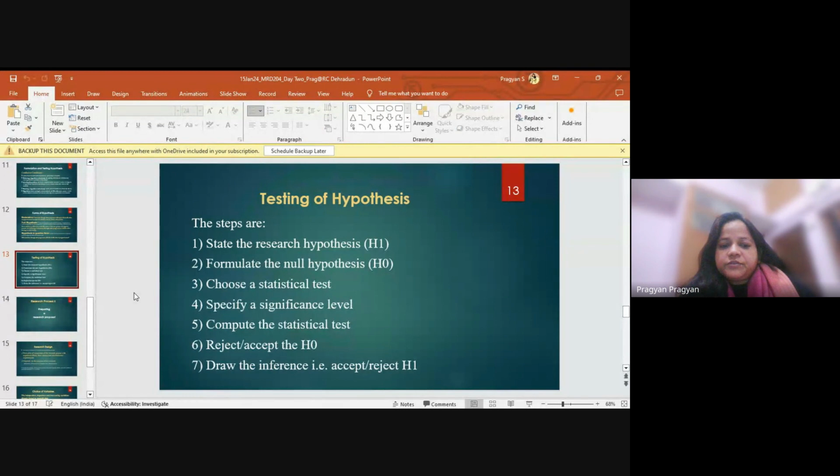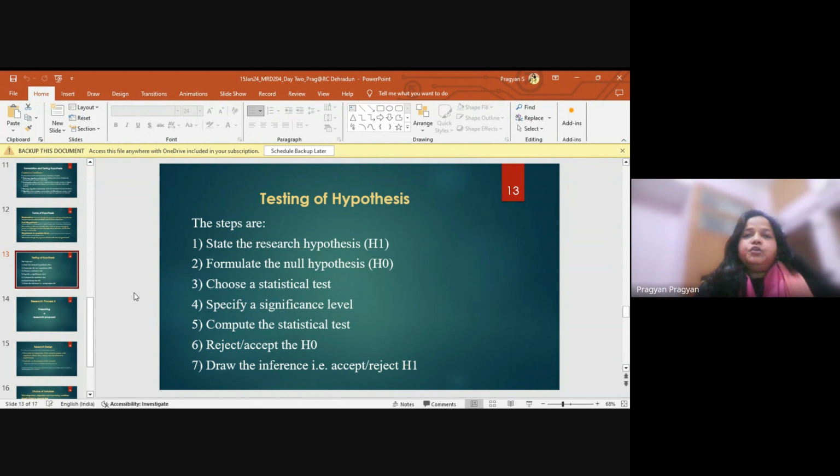First, in case of good significance, they can accept the null hypothesis. Number two, they can reject the hypothesis despite a high level of significance. At the same time, with a low level of significance, they can accept or they can reject. So there are basically four types of possibilities, but every time the researcher has to write down clearly what is the logic behind this accepting or rejecting decision.